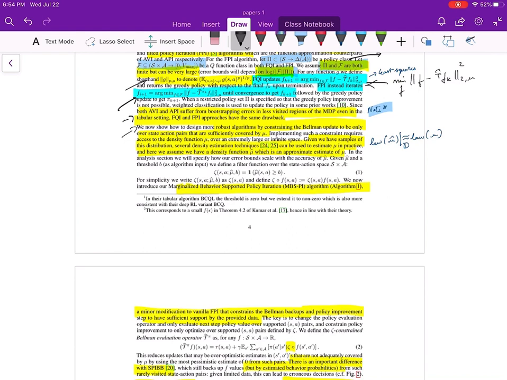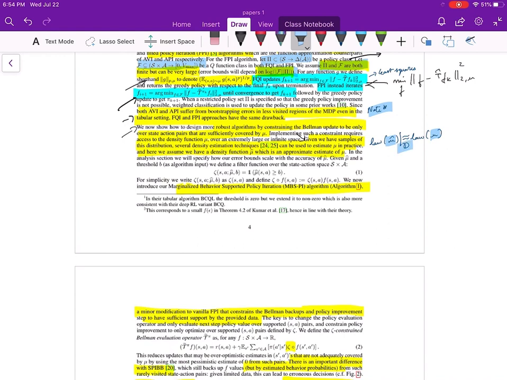Given that we have samples from this distribution mu, several density estimation techniques can be used to approximate mu. So you can find an estimator mu hat for mu, where the law of mu hat is really close to the law of mu, and the estimator uses the dataset.